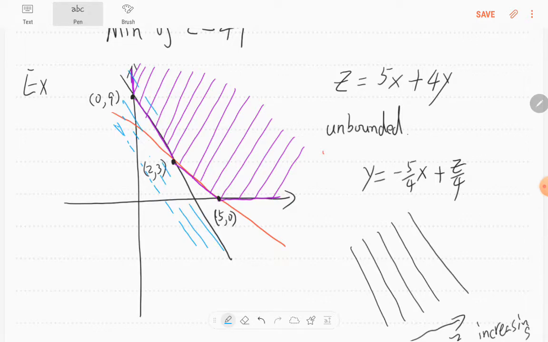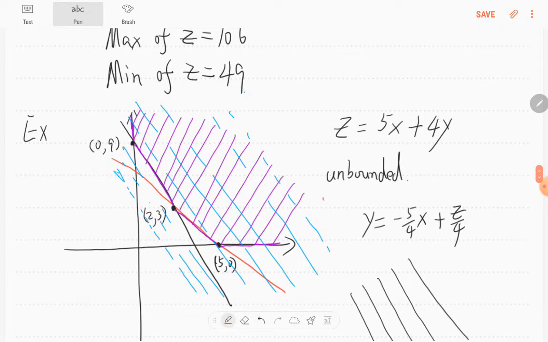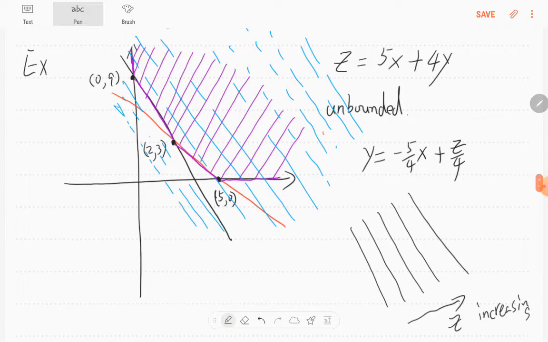Because this region is unbounded, all the values of x and y in this region will make z as large as possible, because our line can move up parallelly forever. So this problem has no maximum value.